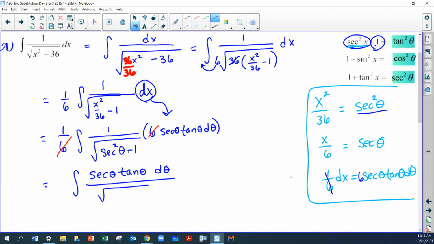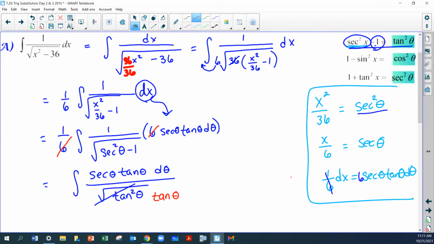Secant squared theta minus 1 is a tan squared. So replacing that from the prior step into a tan squared theta, now we can take the square root of tan squared theta and it becomes just tan.